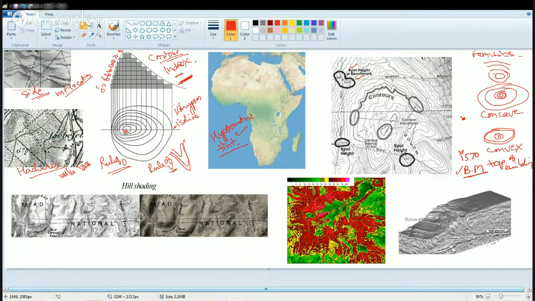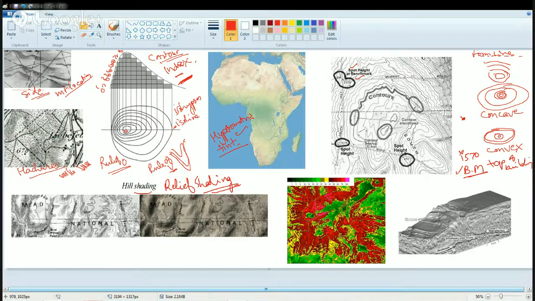Then the next method here is hill shading. Hill shading is also known as relief shading. So basically you are trying to shade the different aspects of the hill. Those regions in the hill which are close by would be darker in color, and those which are less steep will be less dark in color. So this is what is understood by relief shading or hill shading.